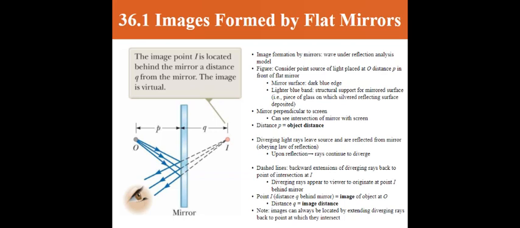That object's usually going to be placed on the left side. So for a flat mirror here, we have our object, and a few important things about the geometry in general is that wherever you place the object, we're always going to talk about the object distance, which is just the distance from the object to the mirror or the lens.